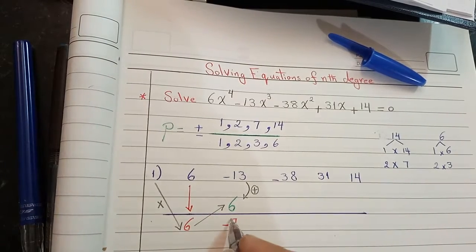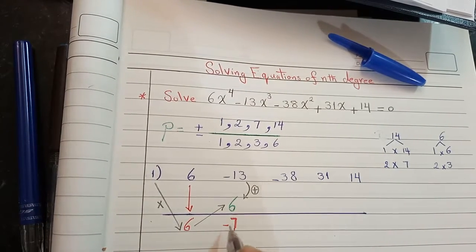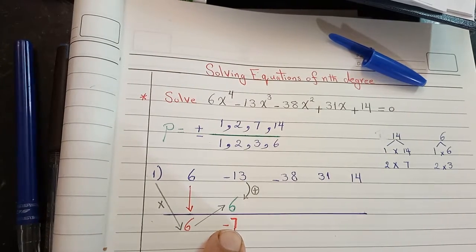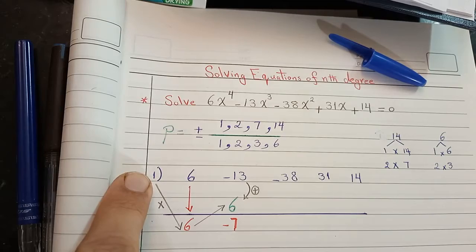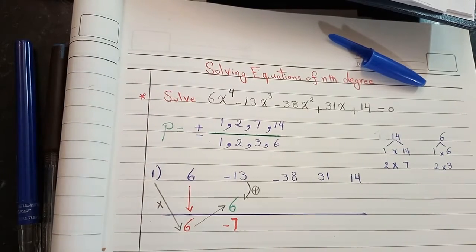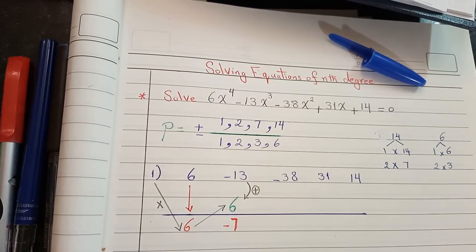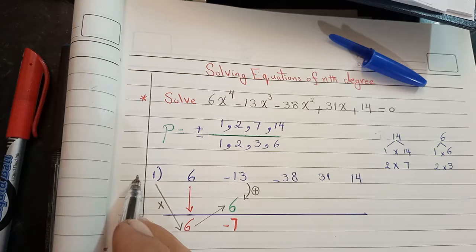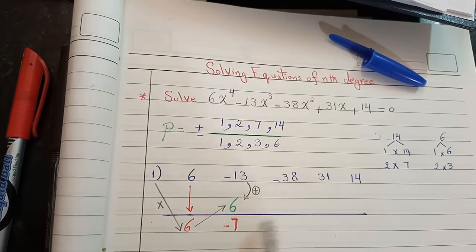After we write the answer, we will repeat the same procedure. The number that we wrote down, we times it by the number we are trying. I don't want to do more arrows, so you just have to listen and be careful when you do. We times it again by the number that we are trying, and the result will be written down in the next empty space here.